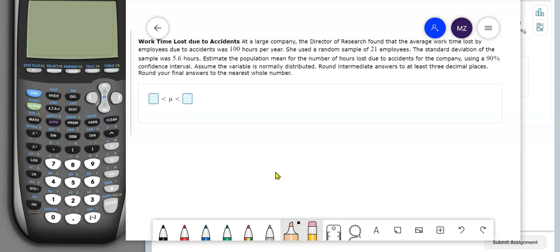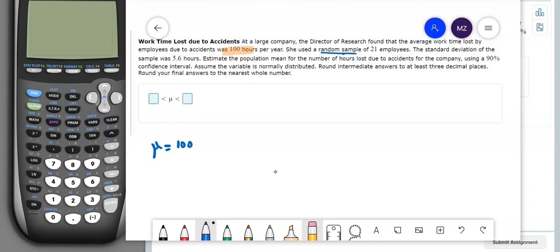So a large company's director of research found that the average work time lost by employees due to accident was 100 hours. So 100 hours, this would be my average, which is the mean, right? I can go ahead and put the mean here. So the mean is going to be 100. Use a random sample.